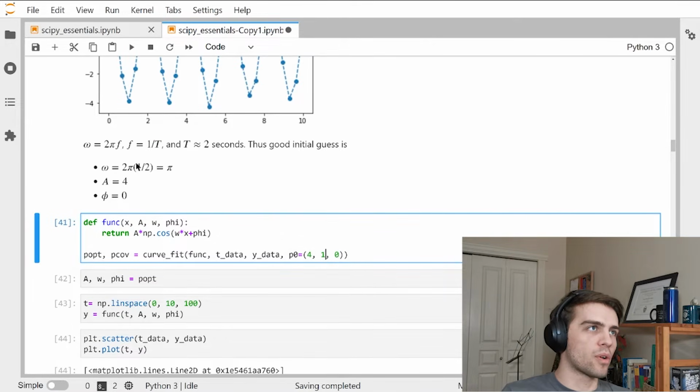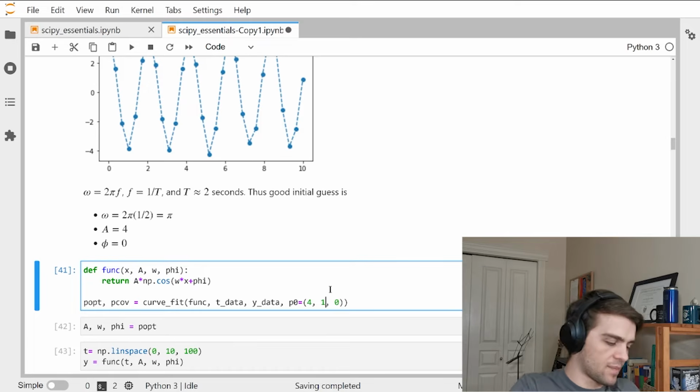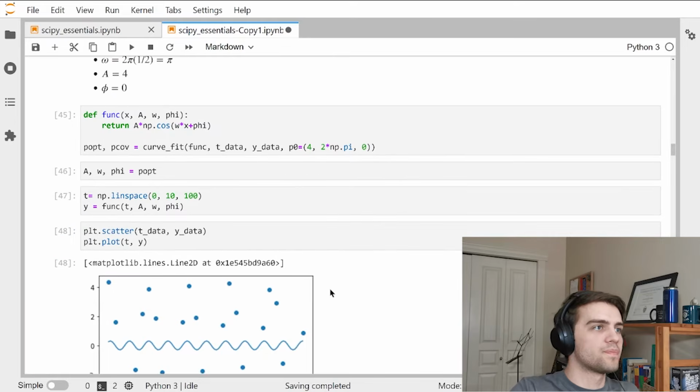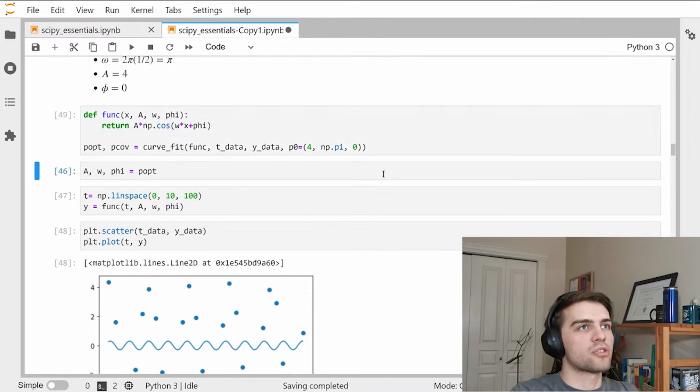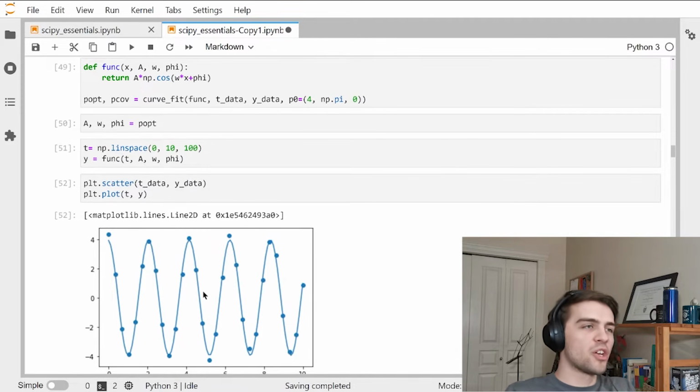So here it's really important that I actually estimated my period and used that to get an initial value of omega. Even if I put like 2 times np.pi, if I was off by a factor of 2, it won't find that solution. So I have to be really close to the true solution, and then it will find this curve here. So again, you can't just have a computer do everything for you.